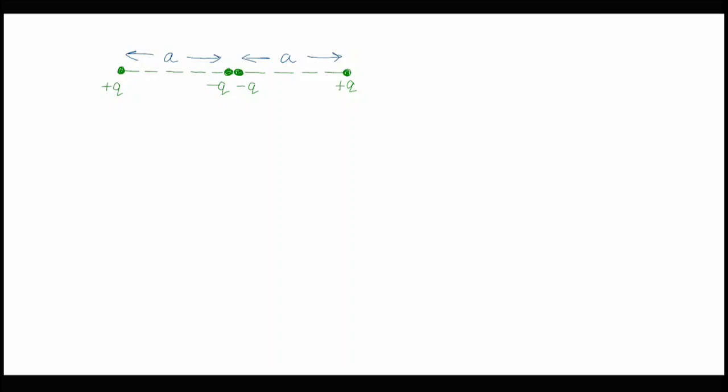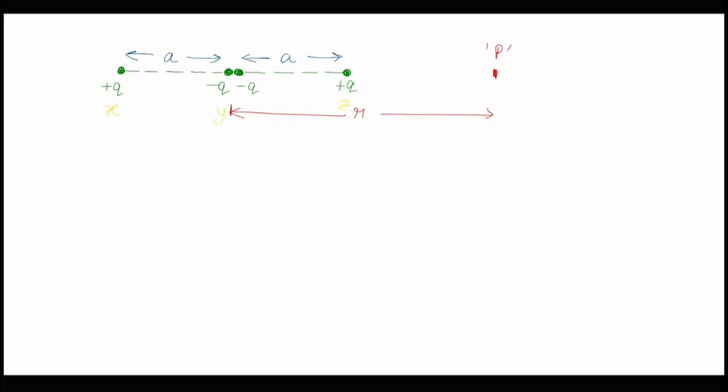The value of potential is to be calculated on the axis of the quadrupole, at a distance r somewhere here, which we call point P. We are naming these charges as x, y and z respectively.